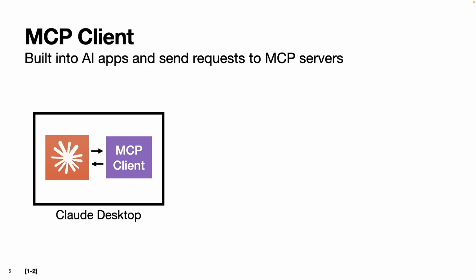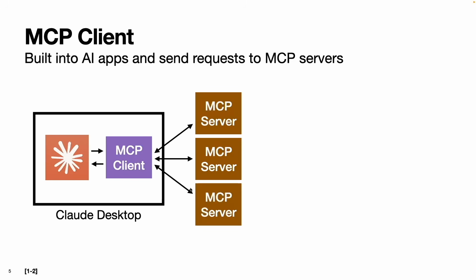So when you're using the application, you'll see the various tools and integrations that are available to Claude in the user interface. These are facilitated by the MCP client, but the client is getting access to these tools and integrations from external MCP servers. This isn't just limited to one MCP server. You can have any number of MCP servers connected to a single client.